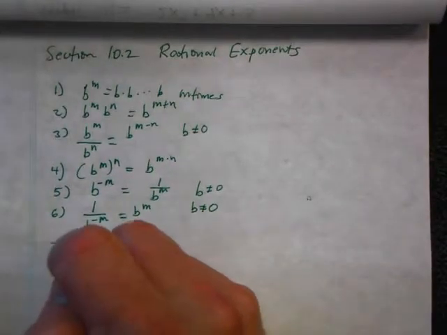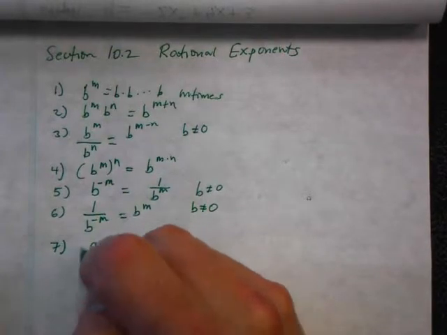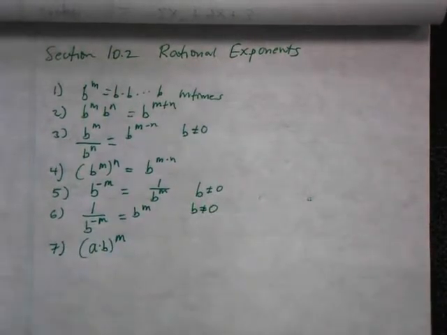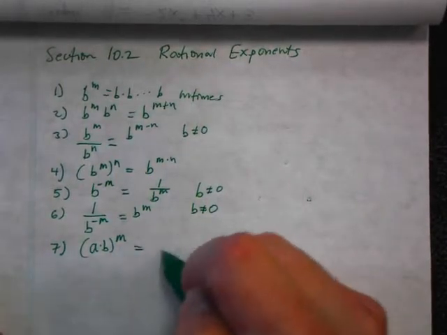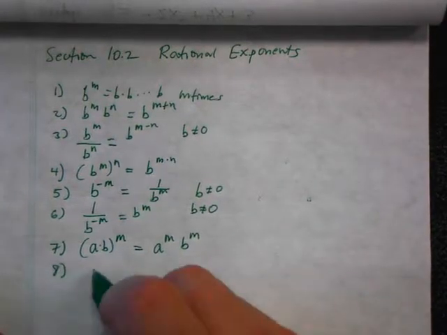I think we had a couple more rules. What if I have 2 things being multiplied together and I have an exponent on the outside? Each one gets the exponent. That's a distributive type property. And the same thing worked for fractions.